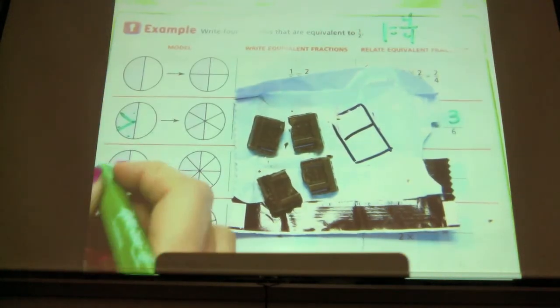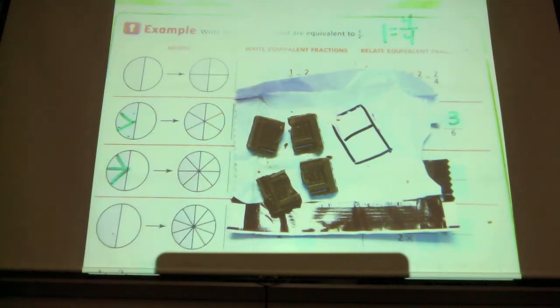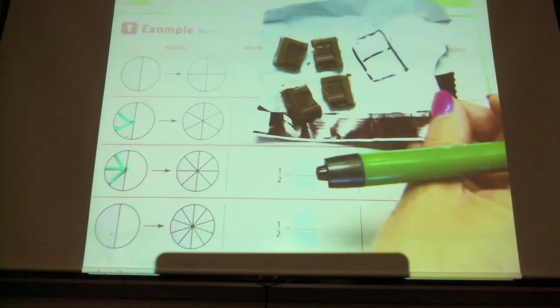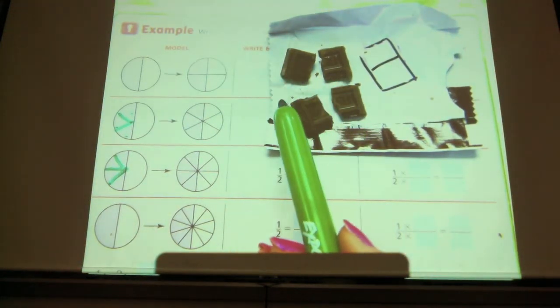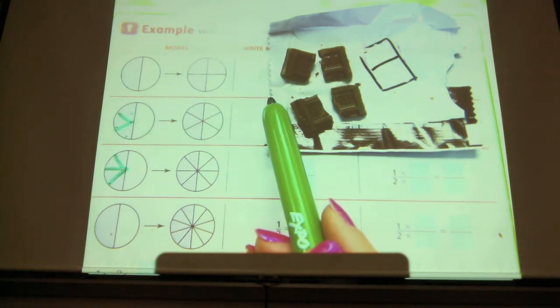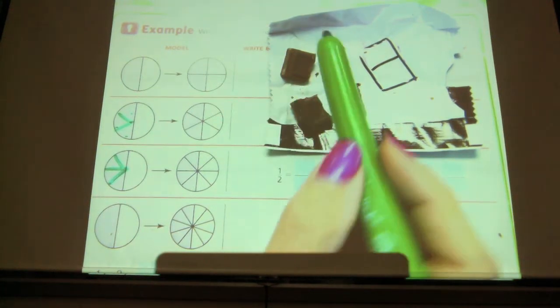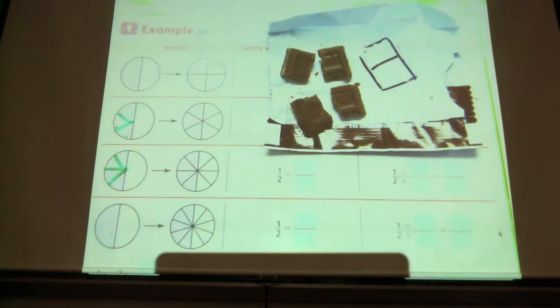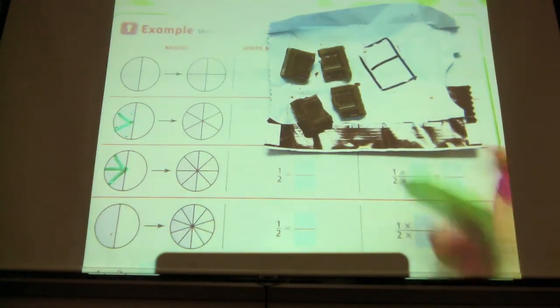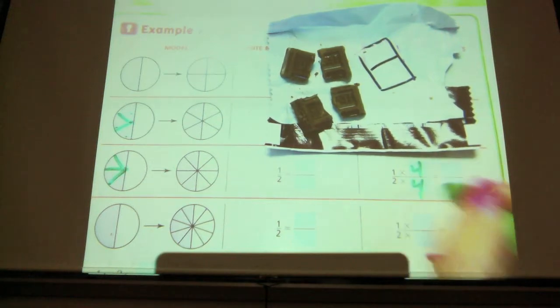I'm going to do that on my half circle too so you can see it. So to find the equivalent fraction, I have to multiply 1/2 by what number? I split it into 4 parts, so I have to multiply by? 2. No. However many parts I split it into is how many I have to multiply by. So 4 is what I multiply by. 1 times 4 and 2 times 4.